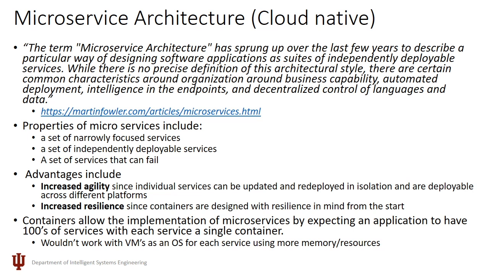This includes, for example, things that are centered around business capability, automated deployment, intelligence in endpoints, and decentralized control of languages and data. So we find the following properties: a set of narrowly focused services, a set of independently deployable services, a set of services that can fail.